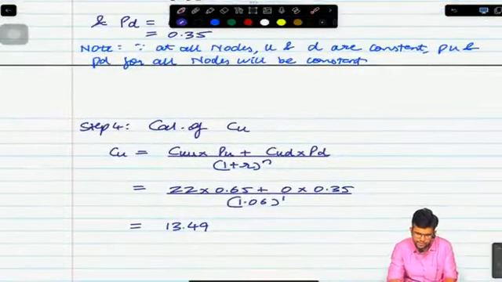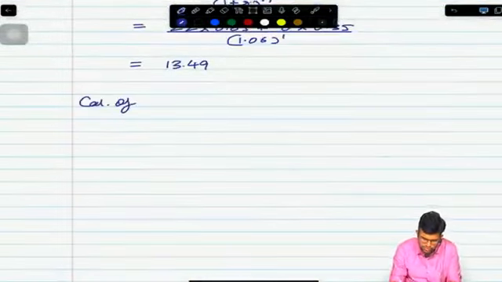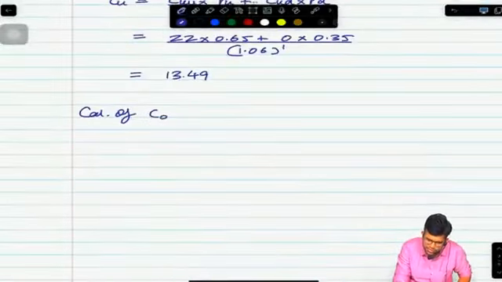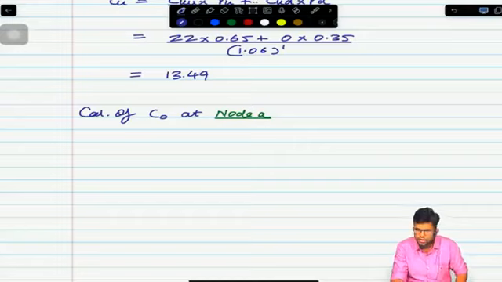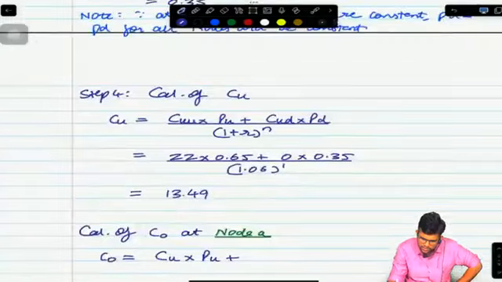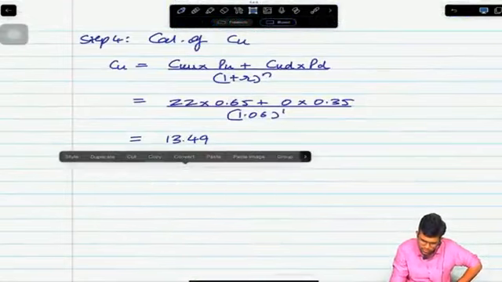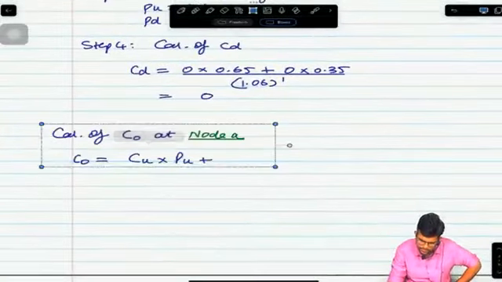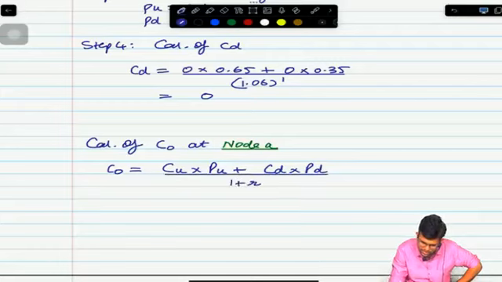Okay, 13.49, I'll remember. So I'll now write here: calculation of C0 at node A. Can I say C0 will be CU into PU plus CD into PD, the whole upon 1 plus R raised to n.